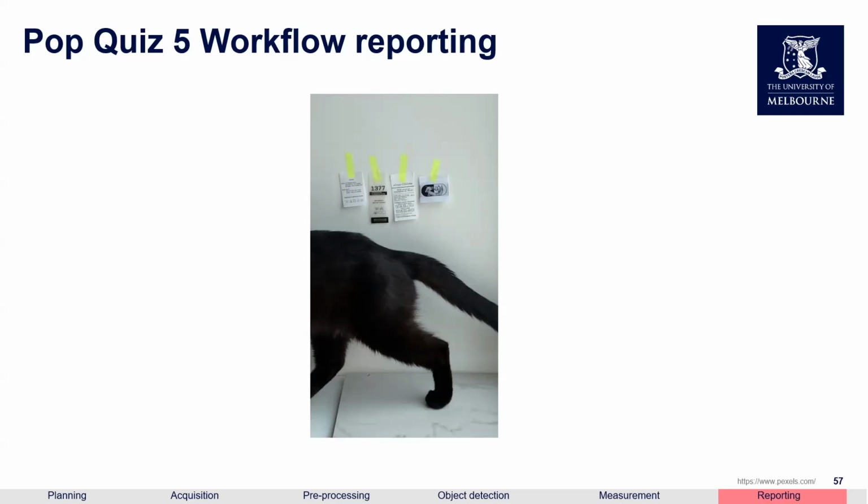Just to reiterate, when we are reporting our analysis, we need to report the individual components used. Components in this case means the type of software and type of plugins, and if it's in a big software, what type of module was used. And obviously, if you include the parameters, that would be even better.